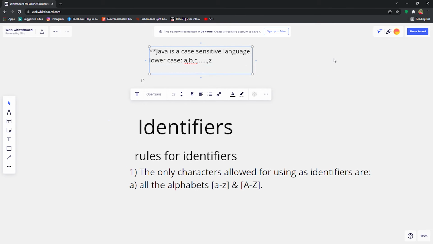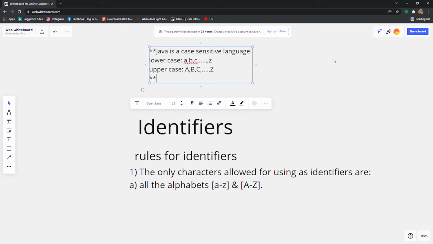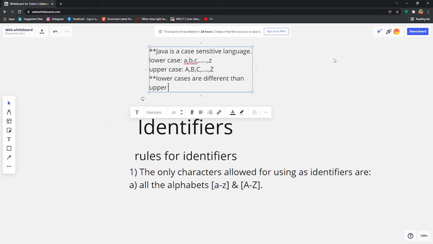And uppercase is A, B, C, up to Z. ओके, और फिर से डबल कोट में लिख देता हूँ, lower cases are different than upper cases.